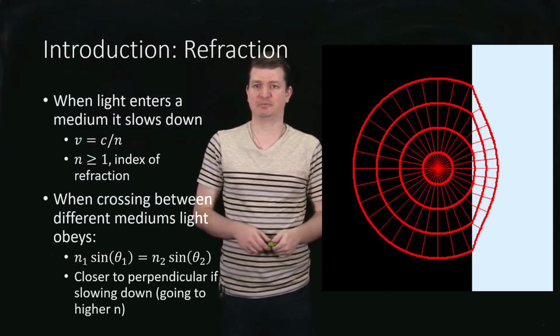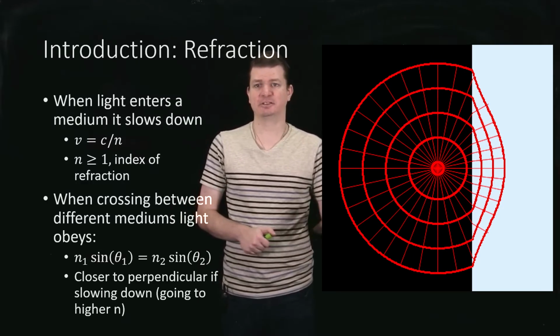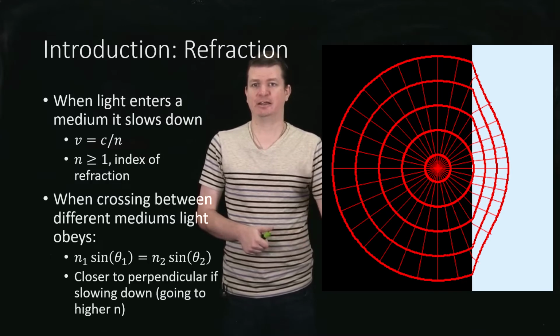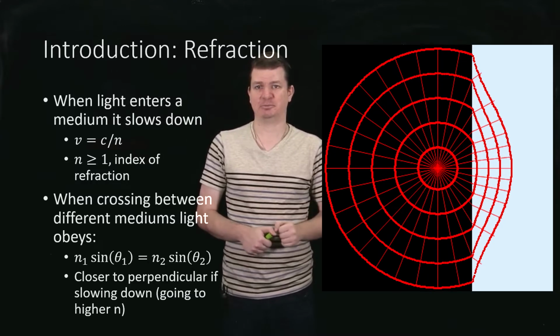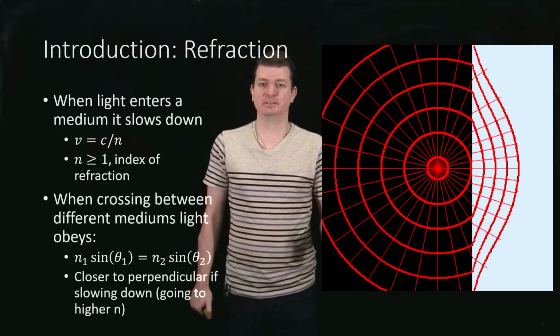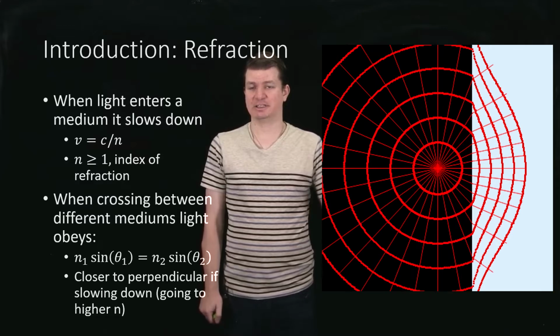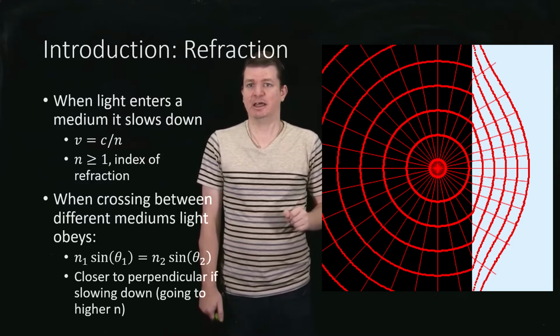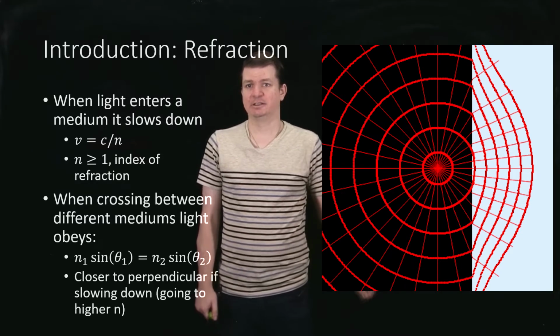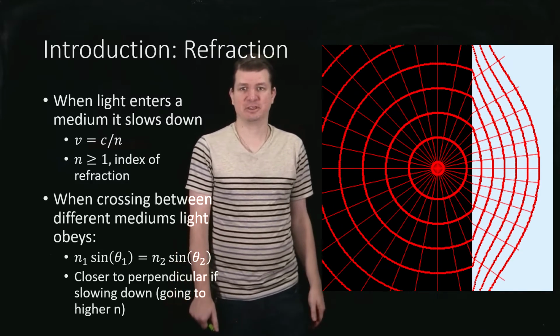They're moving with some velocity inside one medium, they encounter this boundary, and at the boundary they have to slow down or speed up. In this case, we're showing them slowing down. As they slow down, these waves now get closer together on this other side. When they're getting closer together, that results in them bending towards the normal.